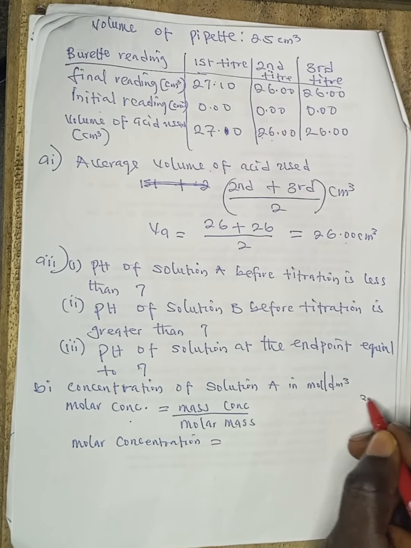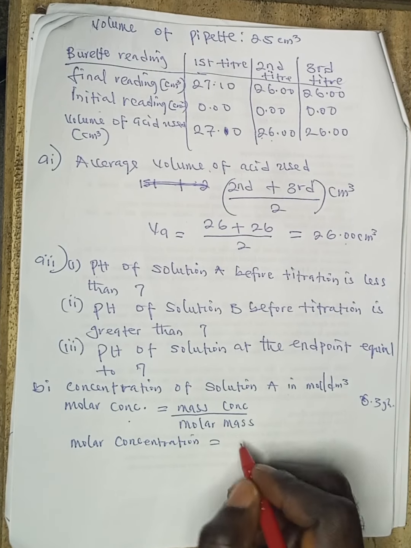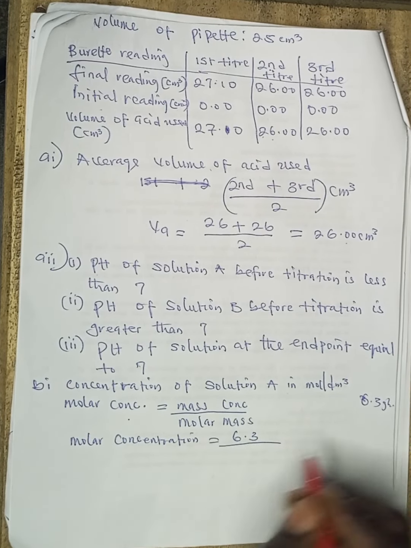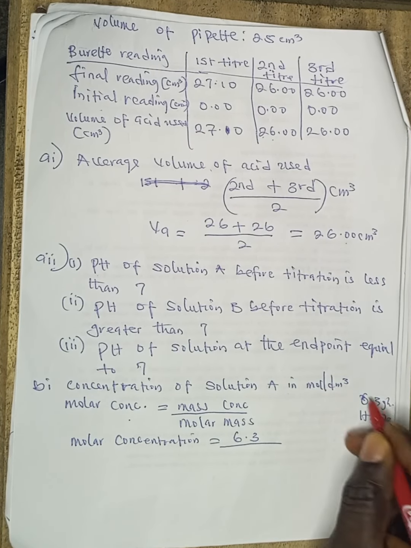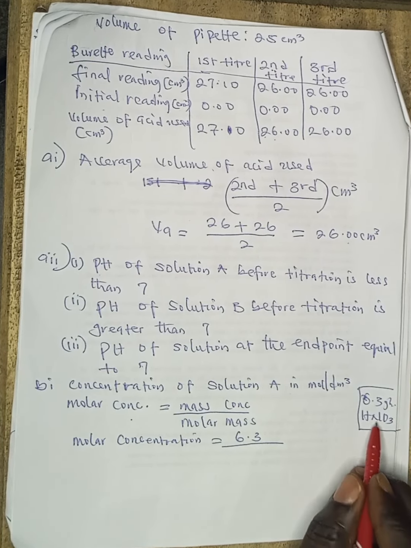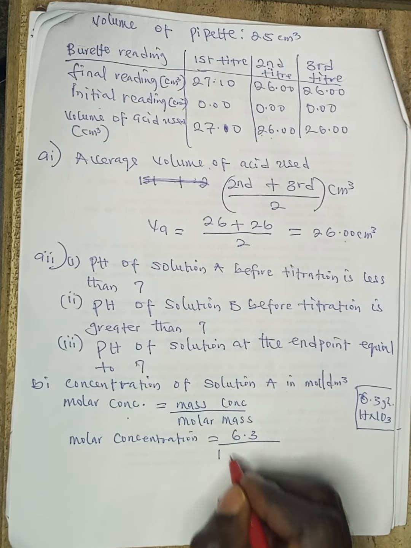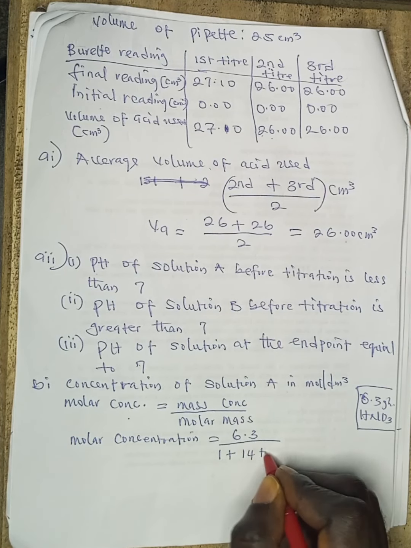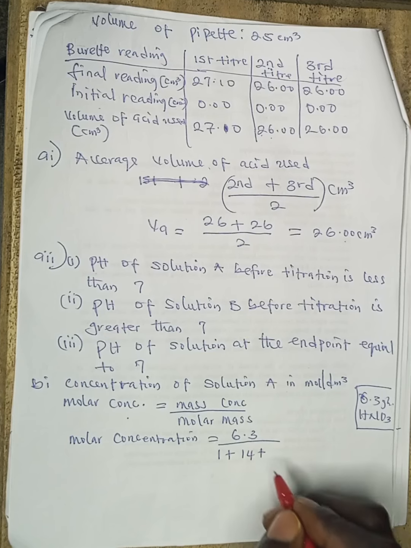So molar concentration is equal to your mass concentration. They gave you 6.3 grams per dm³. So here, 6.3 divided by the molar mass. Your acid is HNO3. The molar mass is 1 plus 14 plus 16 times 3, please calculate this before you put it in your formula.